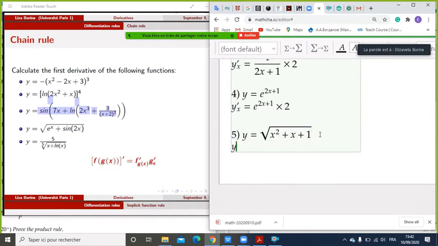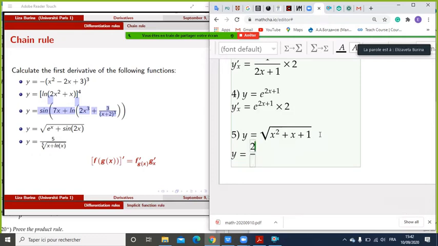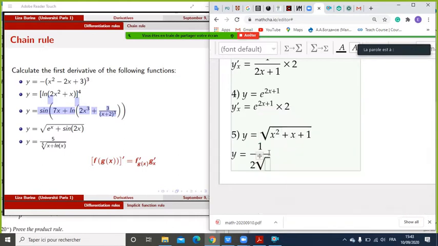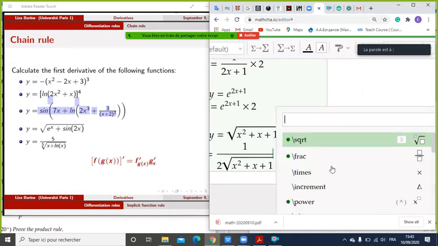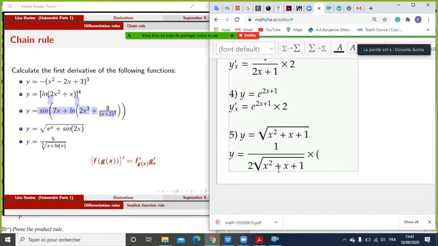We know that the derivative of a square root is 1 over 2 square roots. And we have to write the whole thing there, because for now we just consider it one big X. And now we say, okay, time to take the derivative of the inner function. 2x plus 1. Okay, perfect.